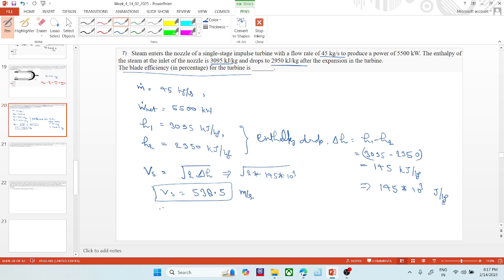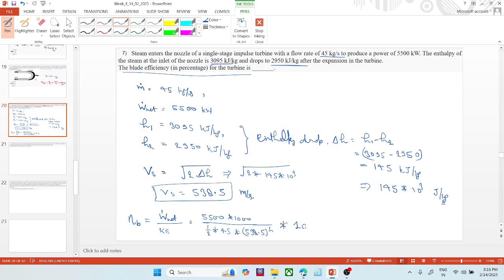Okay. Next, we know that the blade efficiency is the net power divided by the kinetic energy. The net power is 5500 kilowatt, I will multiply it by 1000 to convert it to watt. Then kinetic energy would be half into m dot. M dot is 45 kg per second into Vs square, which would be 538.5 square.